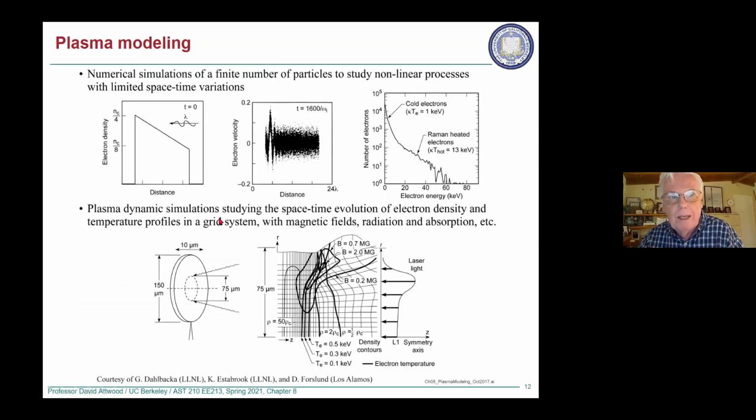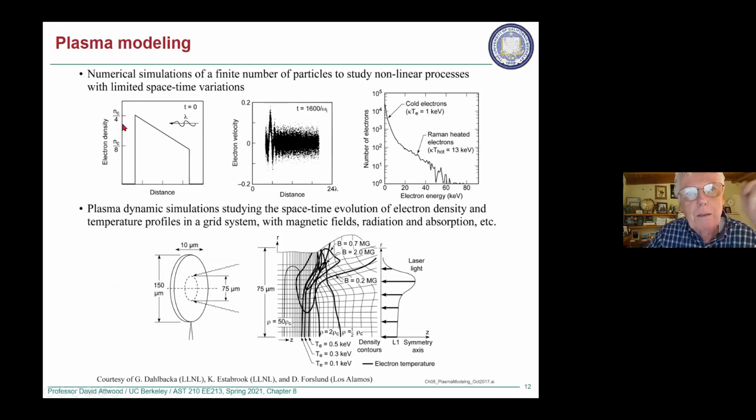So one is particle-in-cell simulations, where you take a finite number of particles. In this case, it's showing an electron density versus distance away from a surface, let's say. And the electron density is shown as a ramp going up to quarter critical, n_c over 4, so the light wave could still get through.